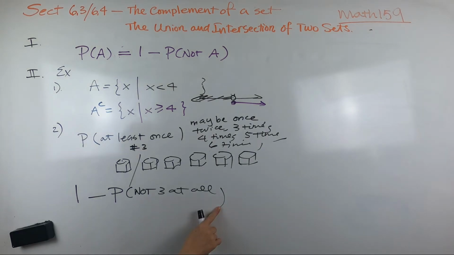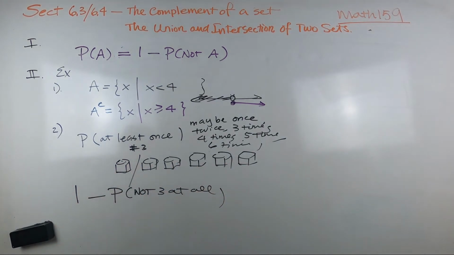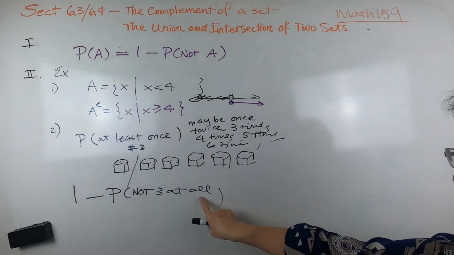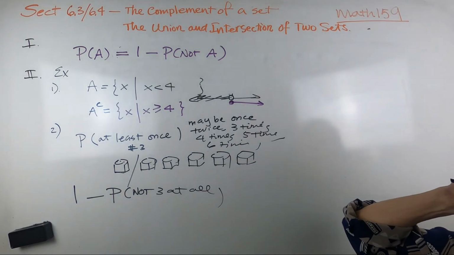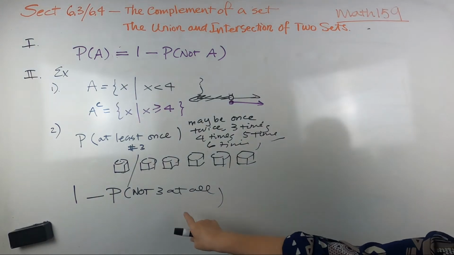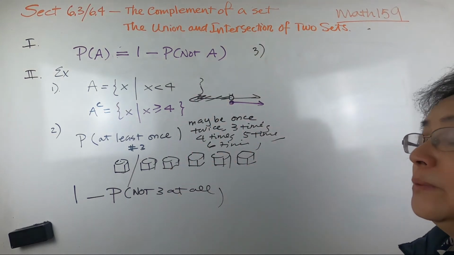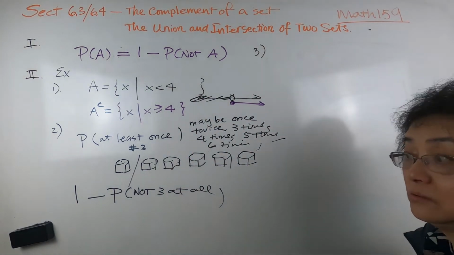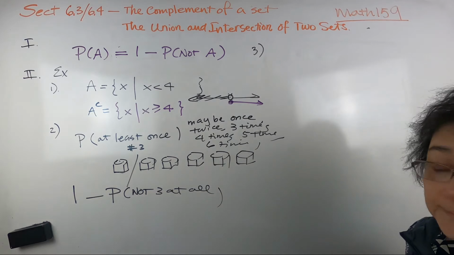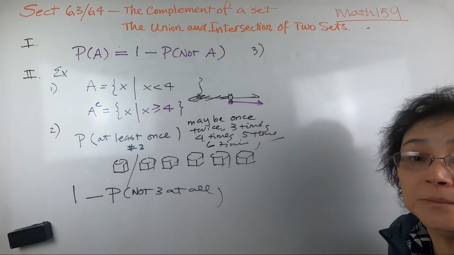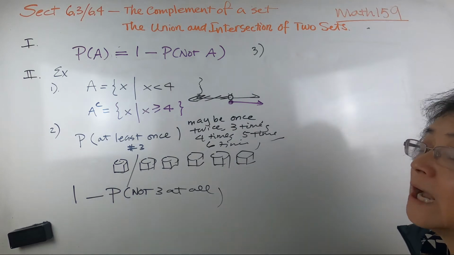So if none of them is 3, you use 1 minus that, then you can find your probability. Okay? You actually figure out the probability of not 3 at all in the stats class, but we just give you the concepts. You can use the complement of a set concept to do that. We're not going to test your probabilities, but we just give you a concept.